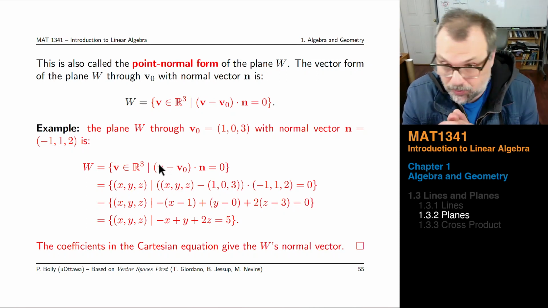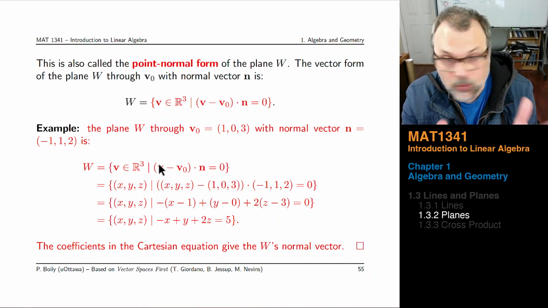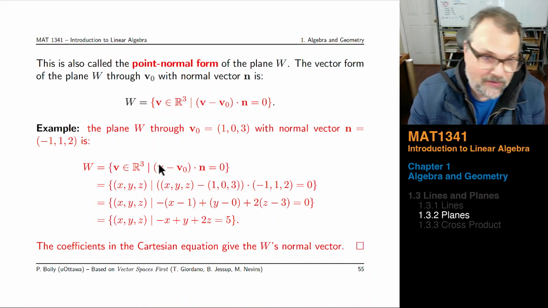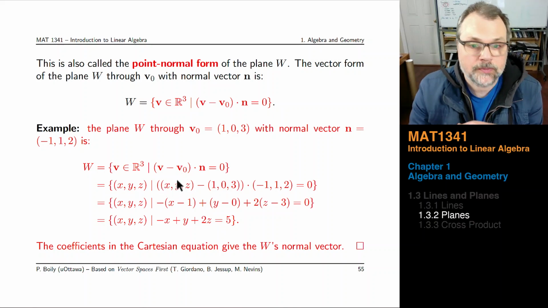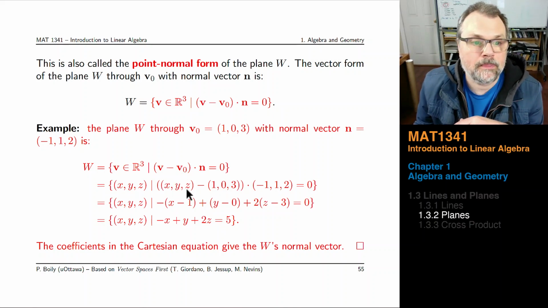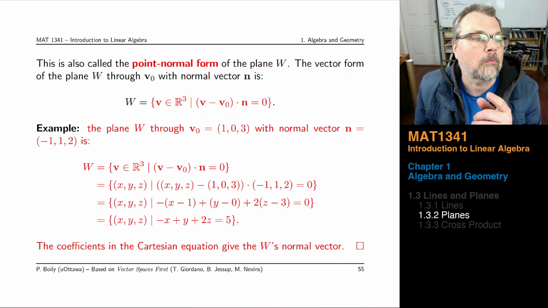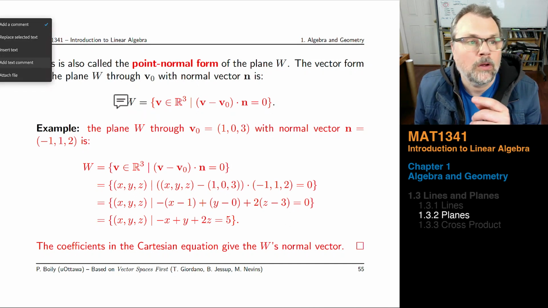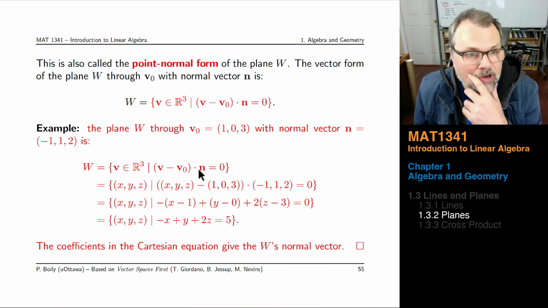So okay, let's spell it out. V is a vector in R3, so it looks like x, y, z. And so we have it here again, x, y, z. It shows up in two locations. Minus V0, which is the point right here. Dot product with the normal vector minus 1, 1, 2.